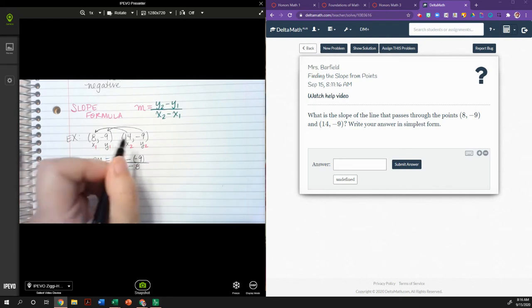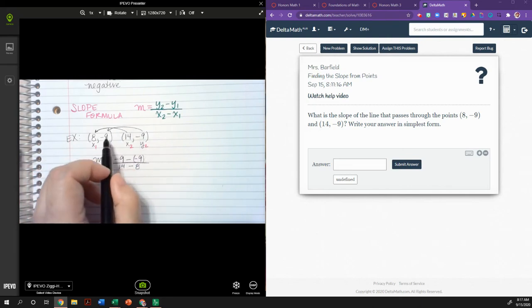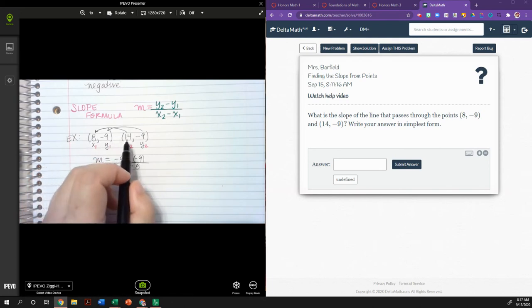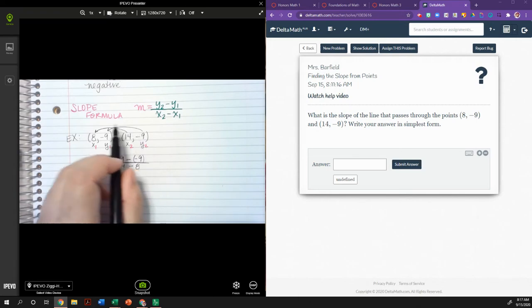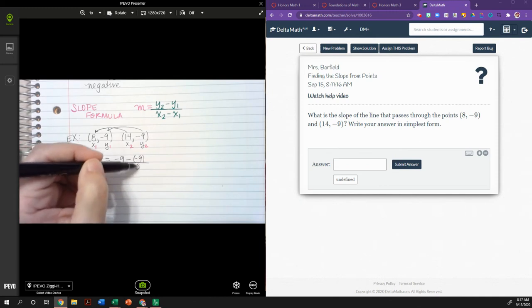You can't crisscross. You can't say, in the numerator I'm going to do -9 minus -9, but then on the bottom I'm going to do 8 minus 14. That's what you can't do. You have to do the same point, the first point, minus the second point, in both places.